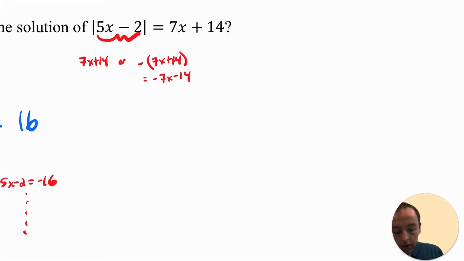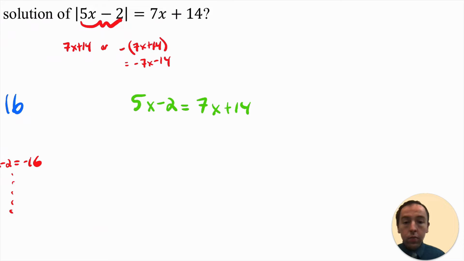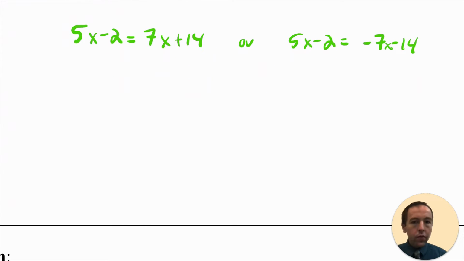So what we're going to do here to solve this is say, okay, I need 5x minus 2, the quantity that's in that absolute value, to equal the same expression, 7x plus 14, or I need the 5x minus 2, which is inside the absolute value, to equal the opposite of that, which is negative 7x minus 14. So we get our two separate equations, same sort of stuff we were seeing just earlier.